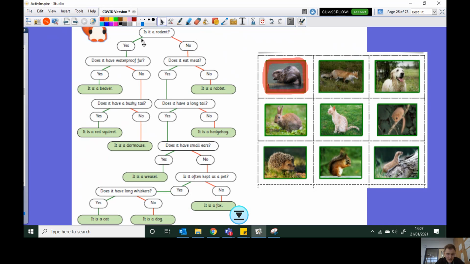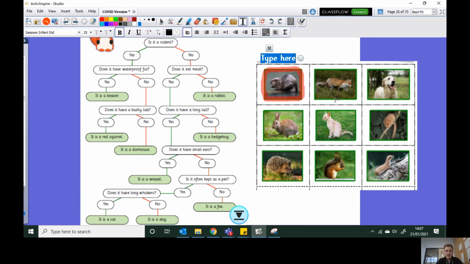So I'm going to follow the yes line. If you don't think it's a rodent, you're going to follow the no line. Does it have waterproof fur? Well, looking at that picture, that one lives by the water. So I think, yes, that has waterproof fur. So I know that that animal there is a beaver. And what you can do is you can then label it and say beaver.